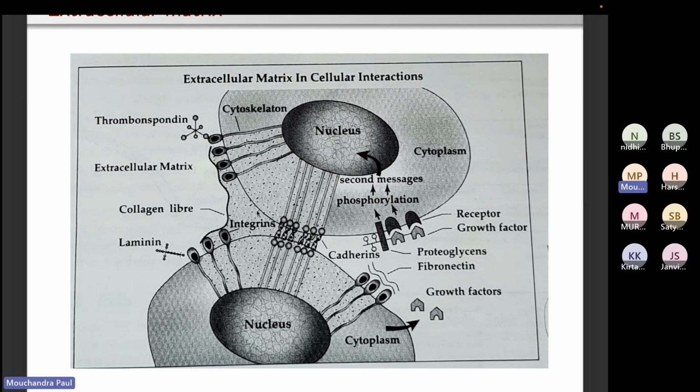So it's a very complex thing. This entire picture is the cellular microenvironment, and various complex interactions are happening at the same time within this small scale.